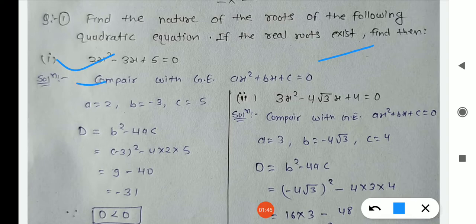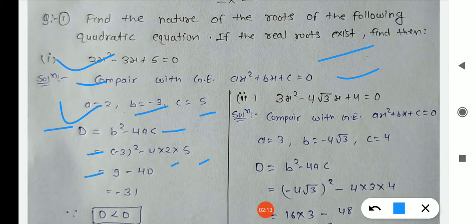I compare this equation with ax square plus bx plus c equals 0. So I get a equals 2, b equals minus 3 and c equals 5. Now I check the nature of roots. I take D equals b square minus 4ac and put in the values of b and c: minus 3 square minus 4 into 2 into 5.